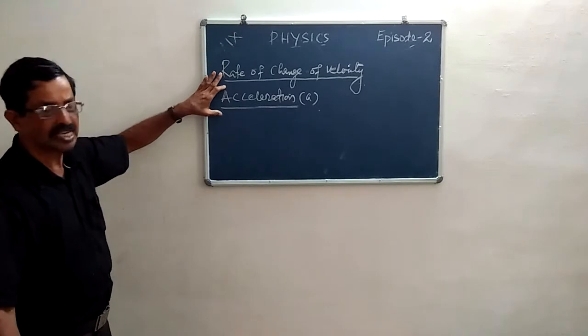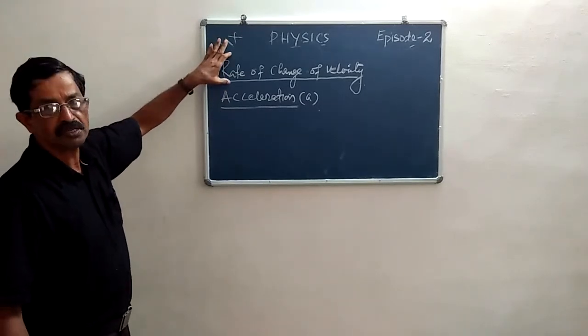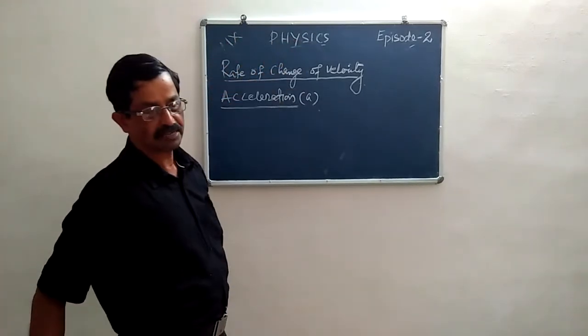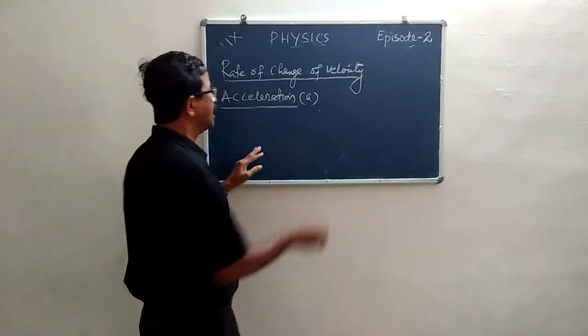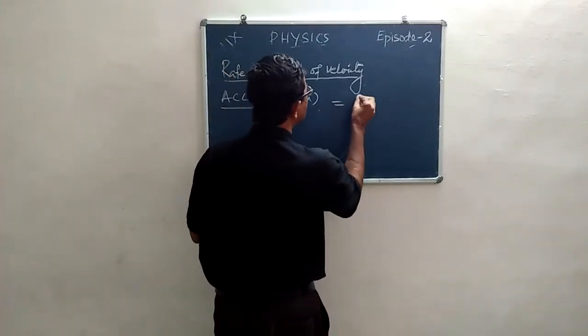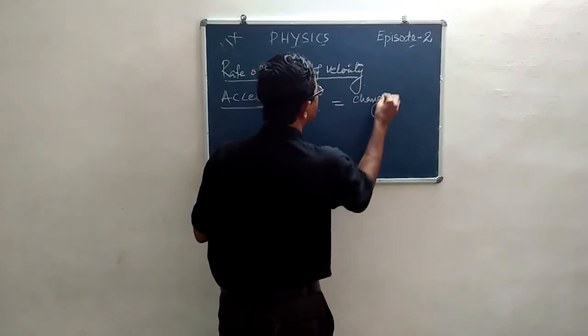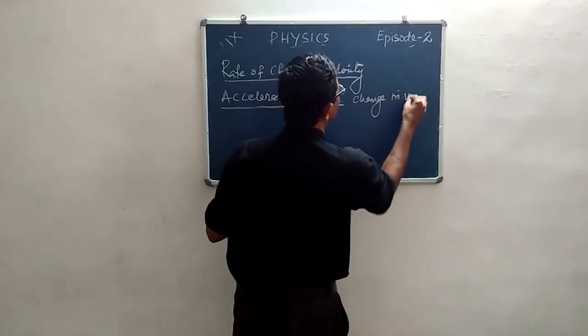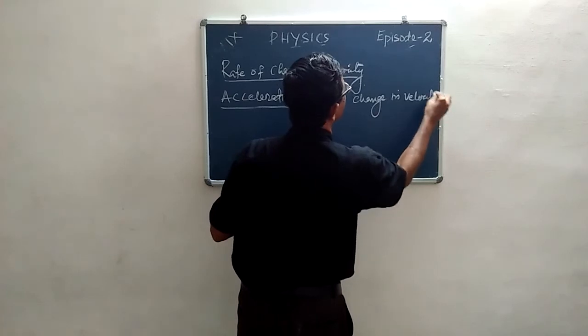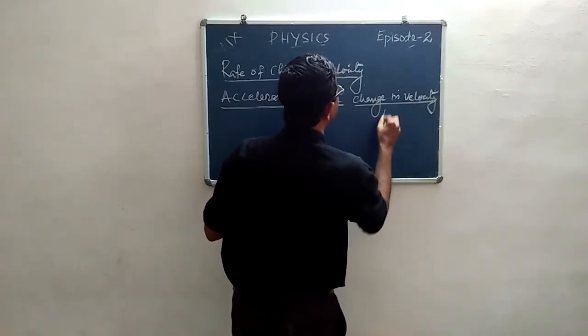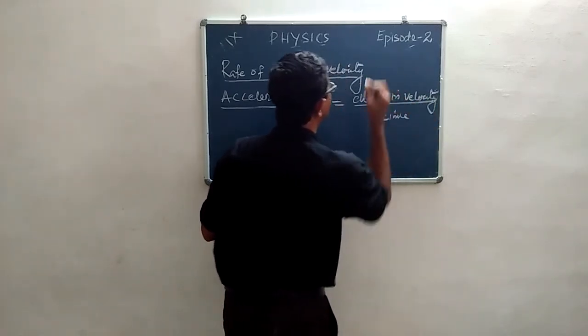So acceleration is actually a rate of change of velocity. That means acceleration is equal to the rate of change of velocity, meaning change in velocity by the time taken for that change.